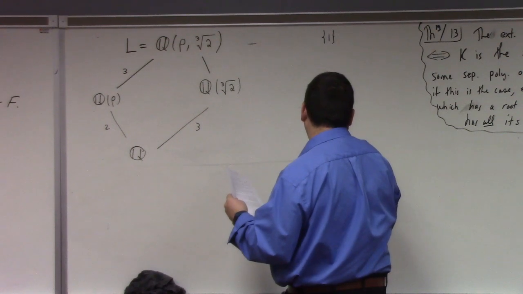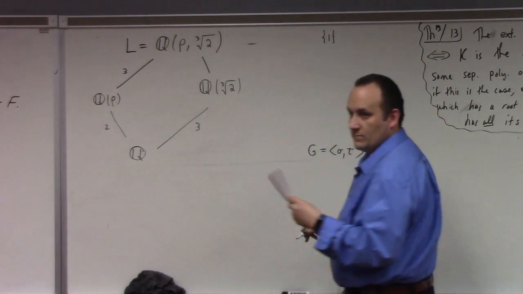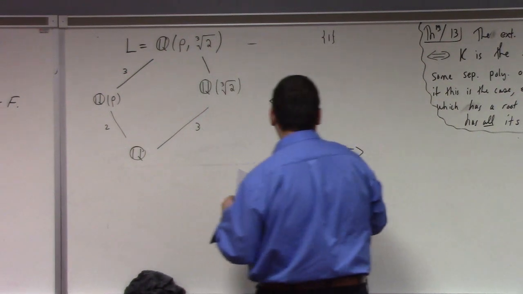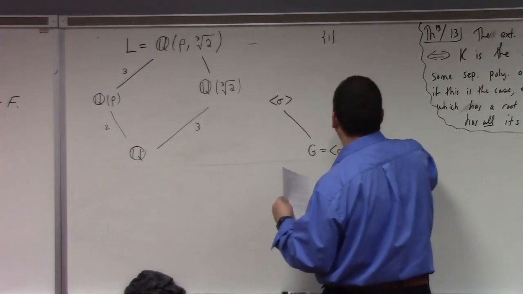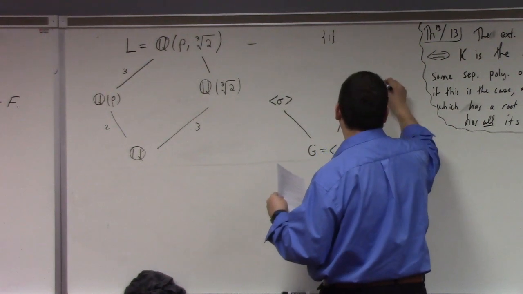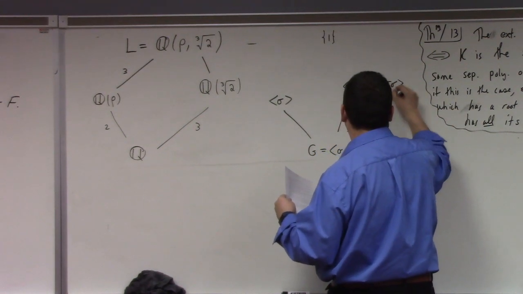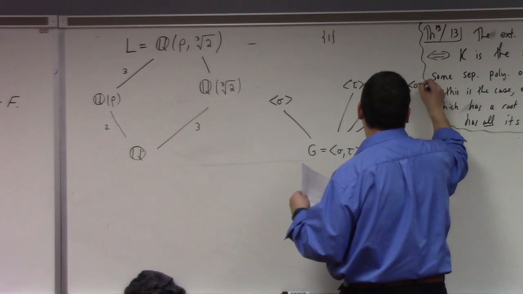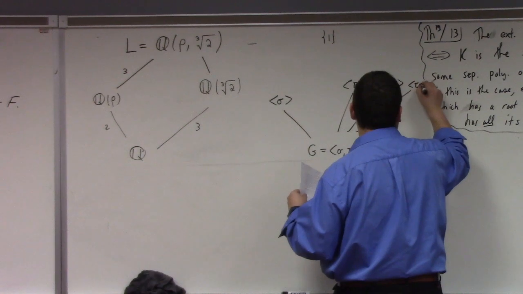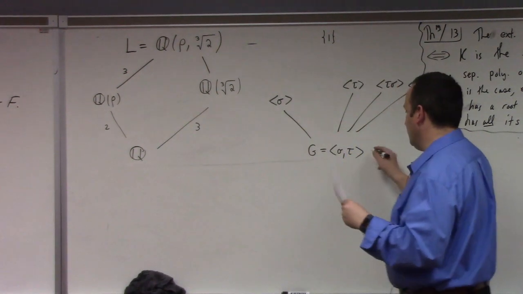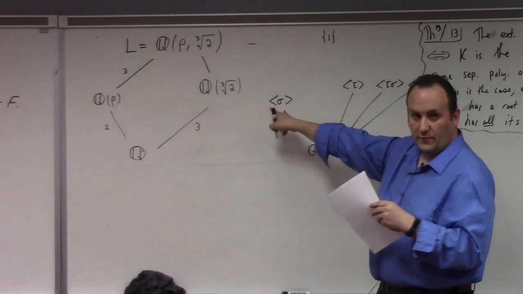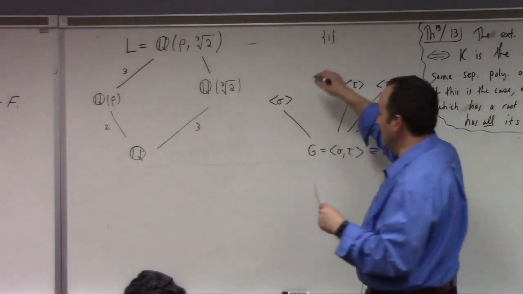It was generated by sigma and tau, right? And so up here you have the subgroup generated by sigma. And you've also got tau, tau sigma, and tau sigma squared. These are other subgroups of S3. This is the subgroup of order 3 in S3, right?